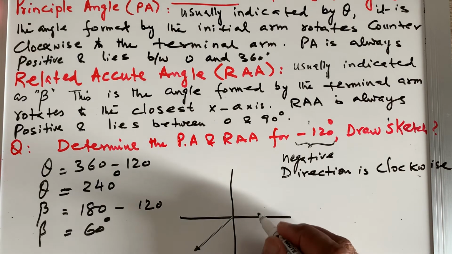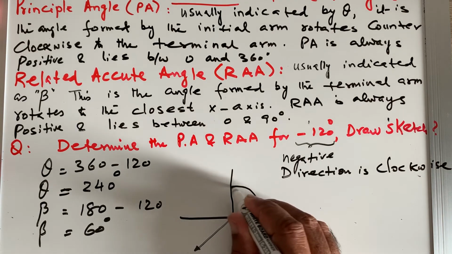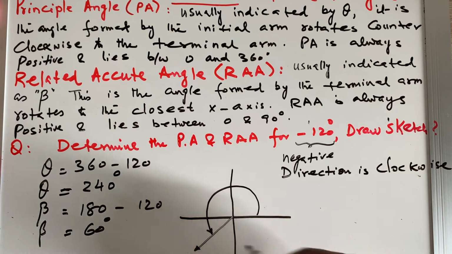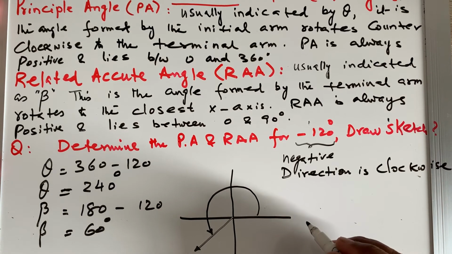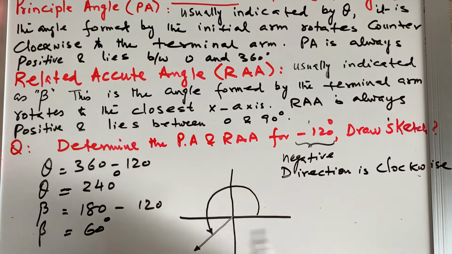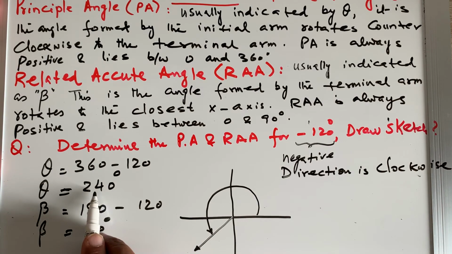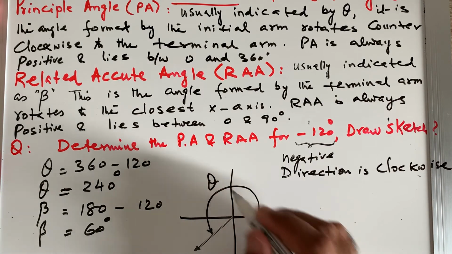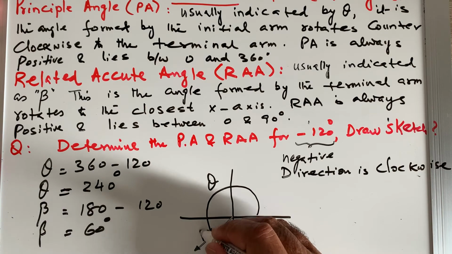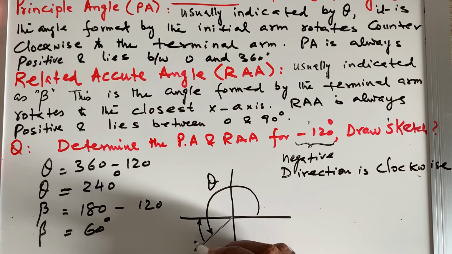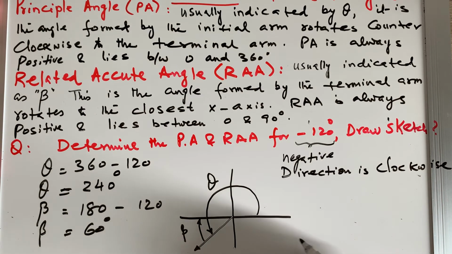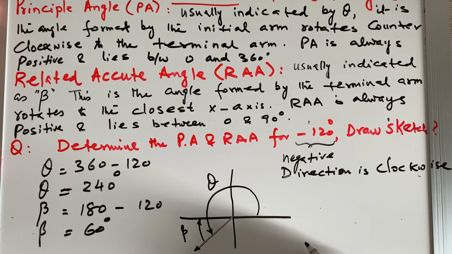My theta is this, 180 plus 60 is 240, right? So this is my theta and this is my beta.